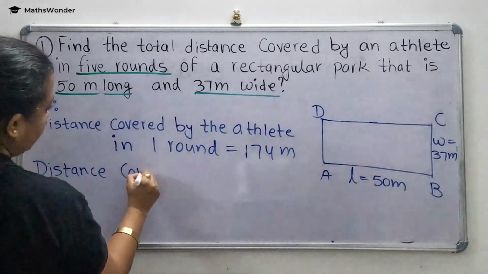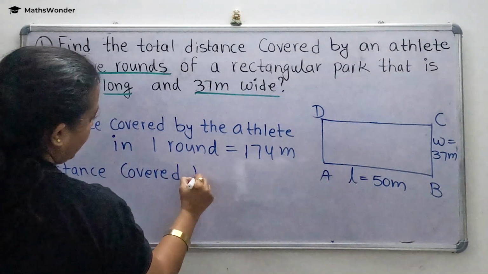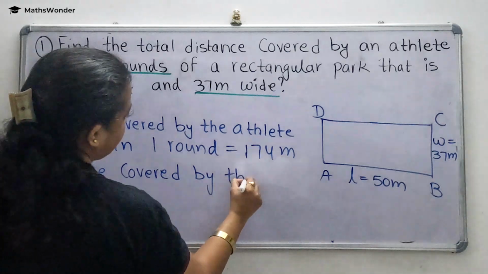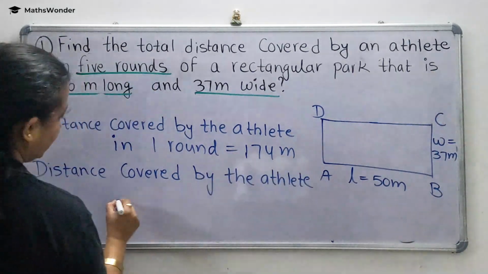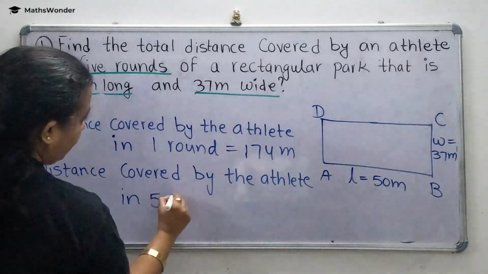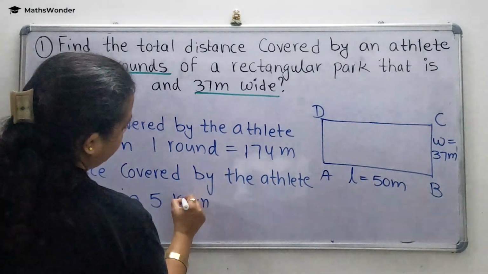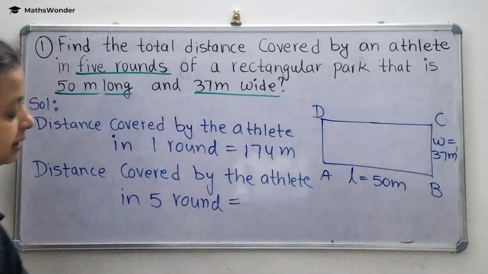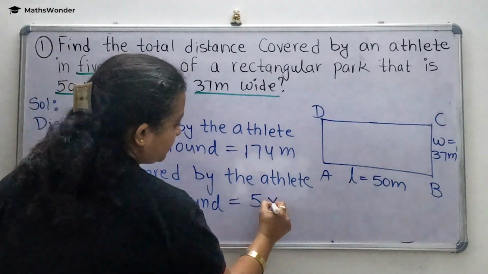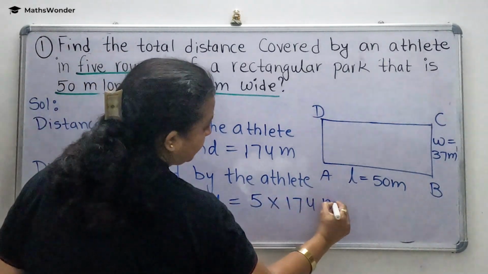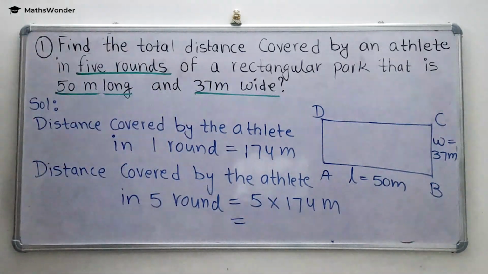The distance covered you have to write like this, by the athlete in 5 rounds. We are using the unitary method here. 5 rounds, so how will you write it? 5 times 174 meter. You have to find the total distance.